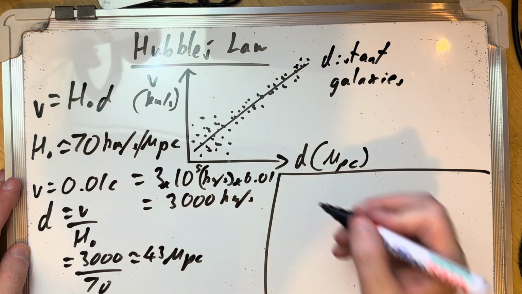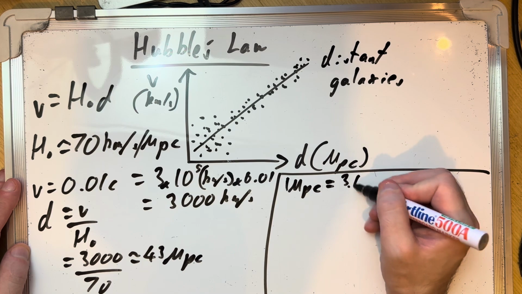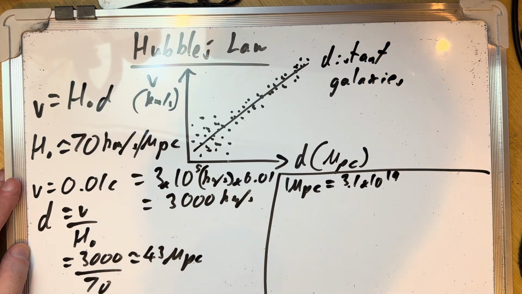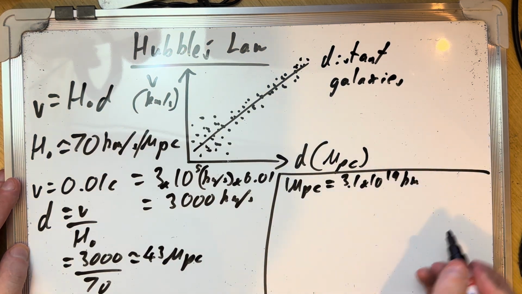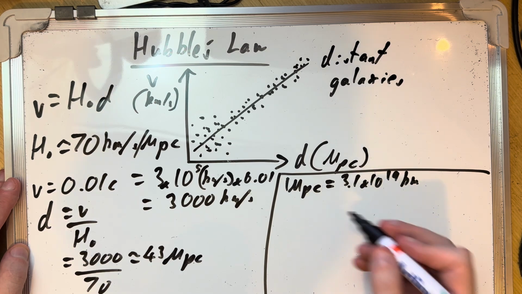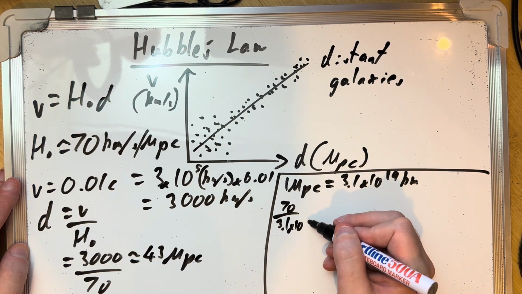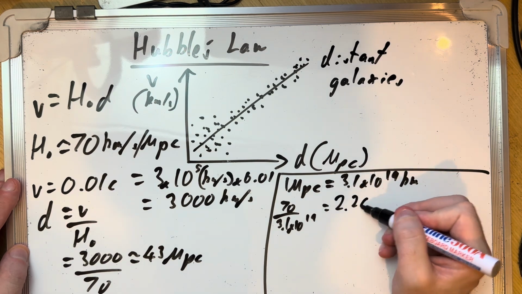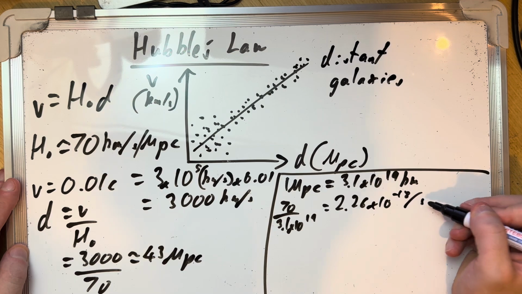So if you look it up, a megaparsec is 3.1 times 10 to the 19 kilometers. So if I divide 70 by 3.1 times 10 to the 19, then the distances cancel, and I get about 2.26 times 10 to the negative 18 per second.